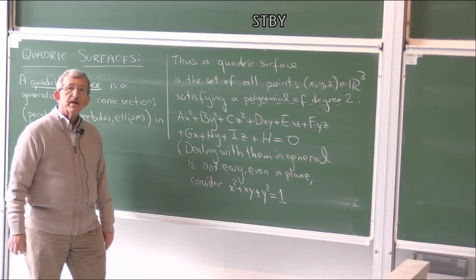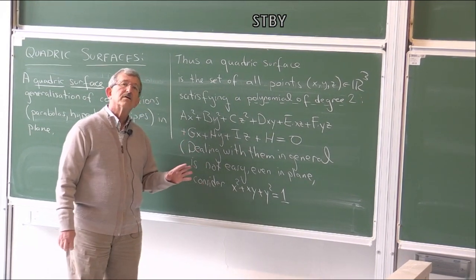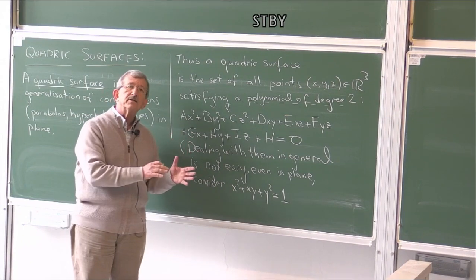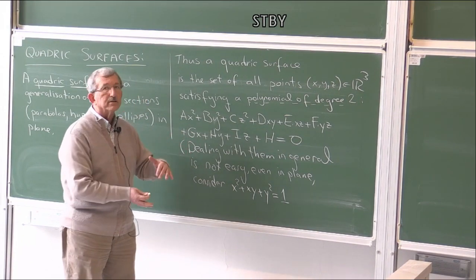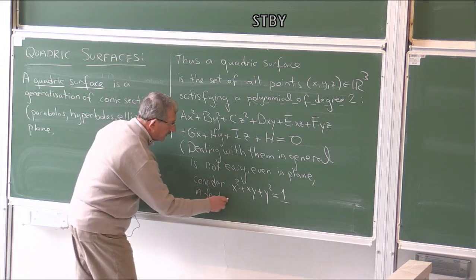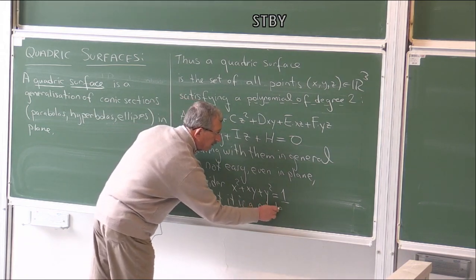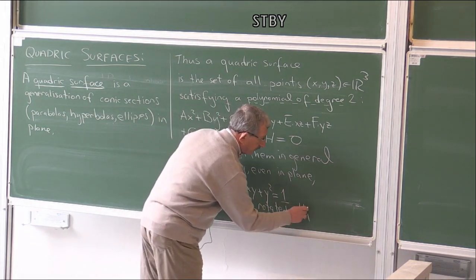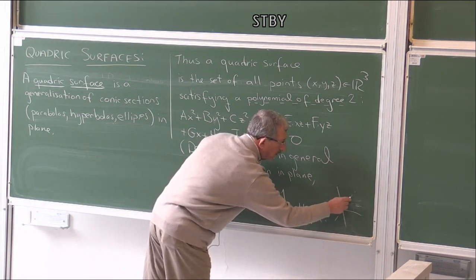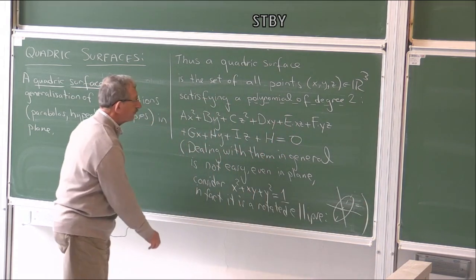Well, it becomes an ellipse, but it is not a standard ellipse sitting in a vertical position with respect to the axes, but it's a rotated ellipse. Namely, it's of this form.